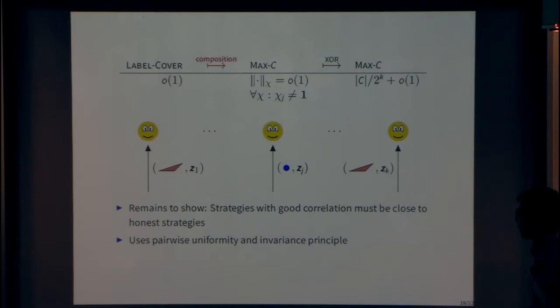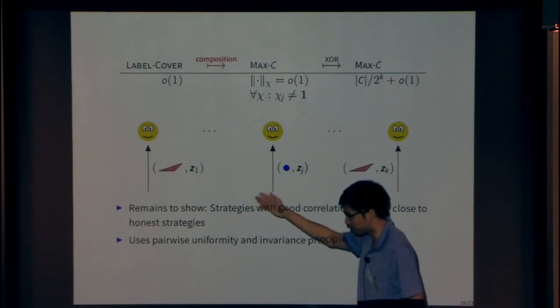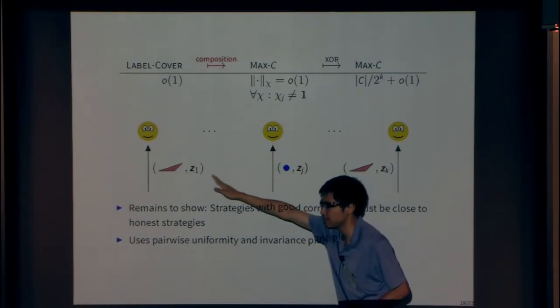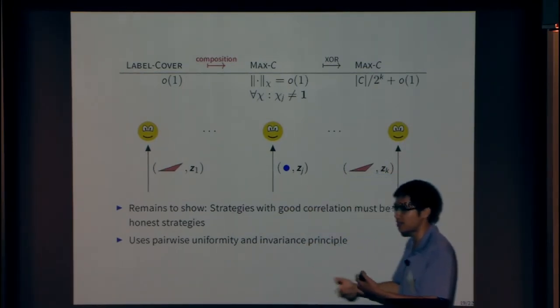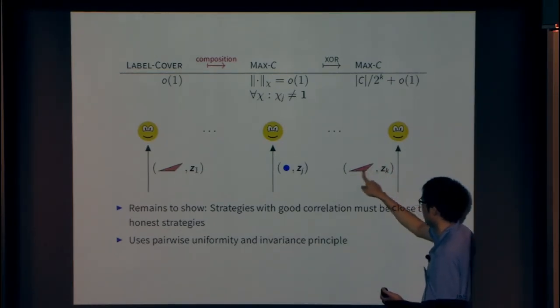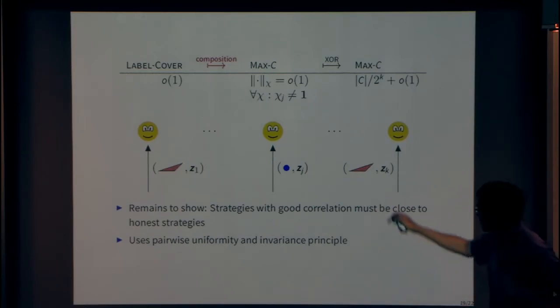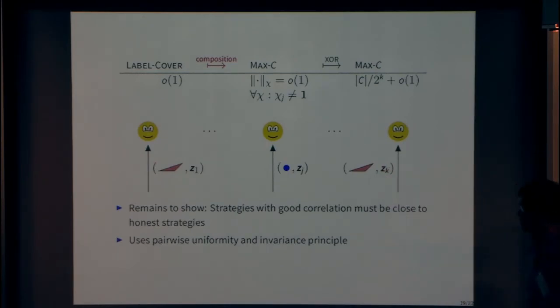And here we will use standard tools from hardness of approximation to analyze the composition step. The tool we use will show that if a player's reply is somewhat correlated with another player's reply, then there must be something close to an honest strategy of answering whether the satisfying assignment to a clause belongs to a certain subset.